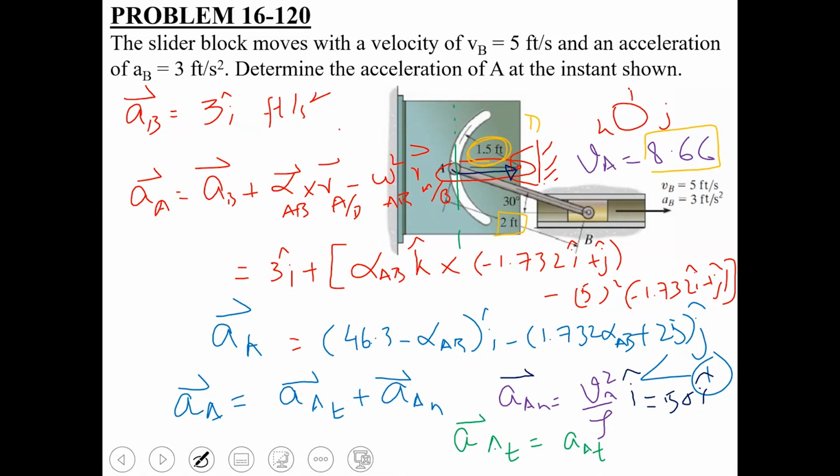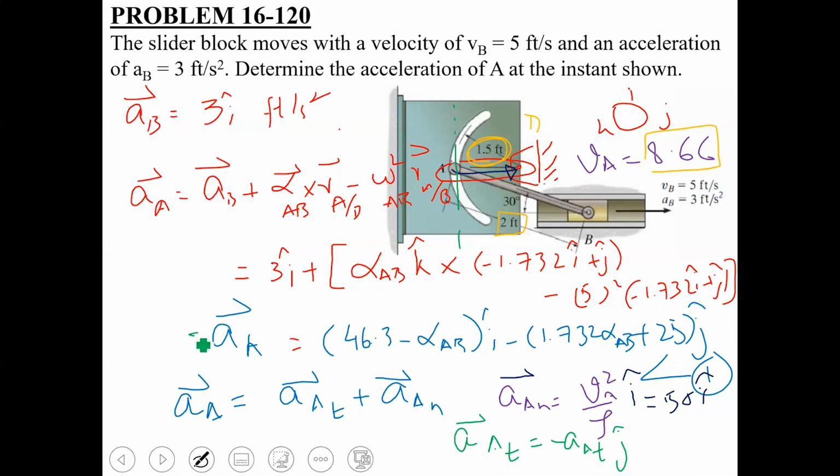So what should be AAT vector? It should be minus AAT j, isn't it? Yes, sir. So overall, this vector AA would become 50i minus AAT j. Clear है ये चीज? Yes.